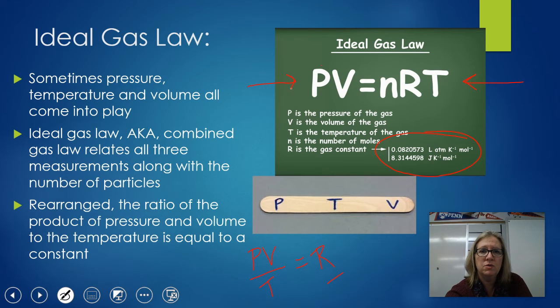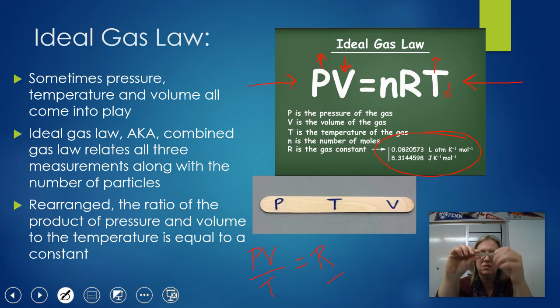If pressure goes up, volume has to go down to keep this as a balanced equation, okay? If temperature goes up, pressure also has to go up because they're on opposite sides of the equal sign, okay? Same thing with volume, okay? So if temperature goes down, volume has to go down, opposite sides of the equal sign, okay?